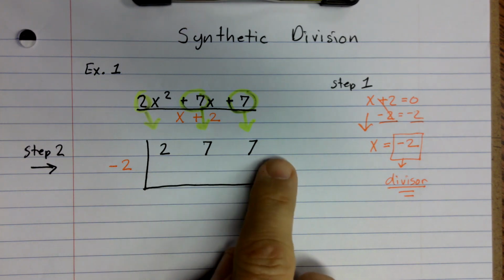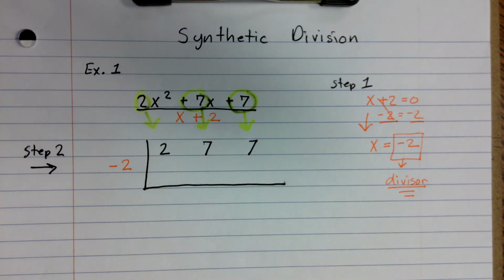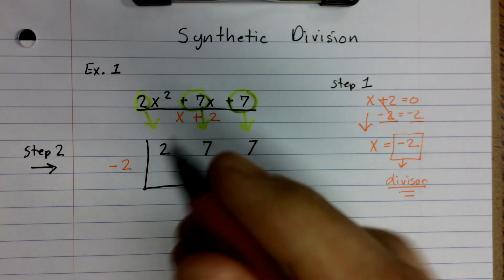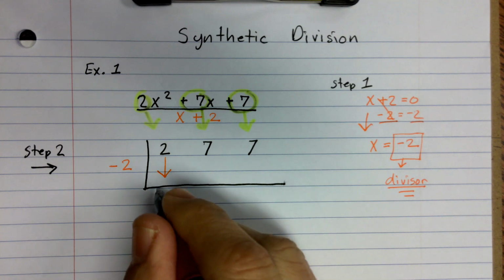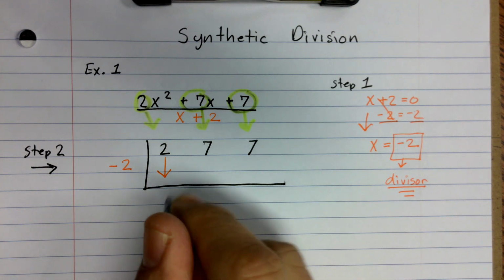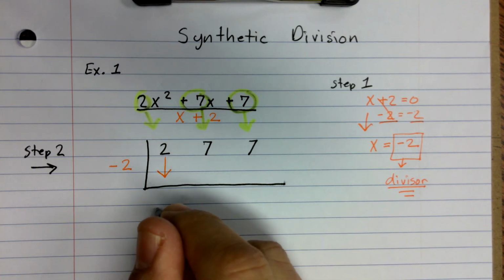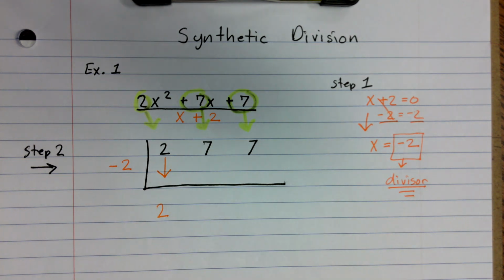Now once we've got all of our terms here, we're going to start by moving this first value 2 down below the line of our synthetic division symbol. Now we're going to use this number because we're going to take our divisor of negative 2 and multiply it by this positive 2.